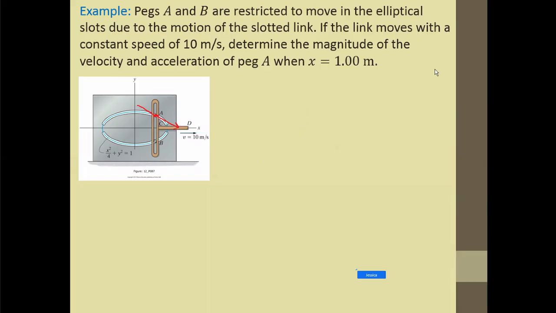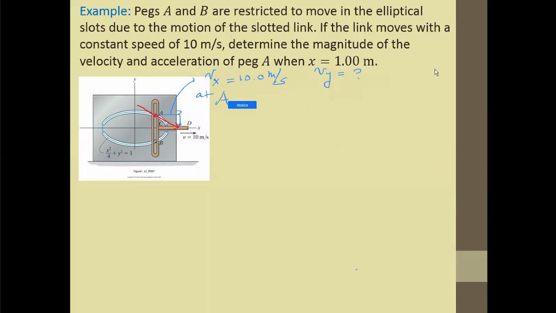So x component is this, y component is this. Velocity x component is already given. That is constant, 10 meters per second. We need to find the velocity y component at A.